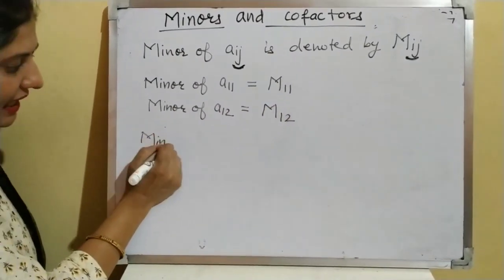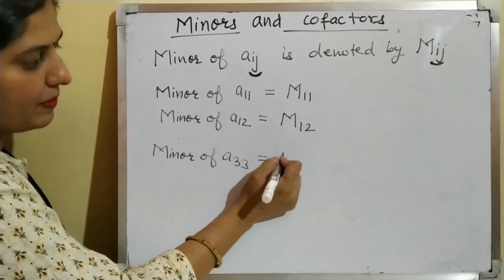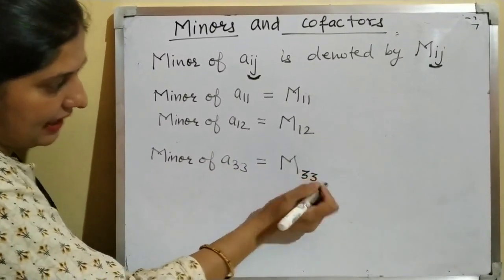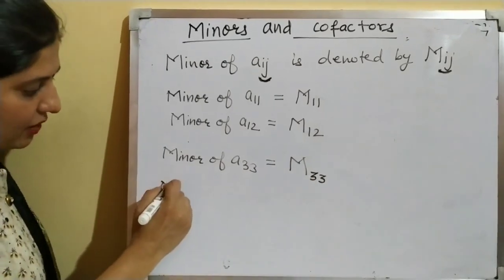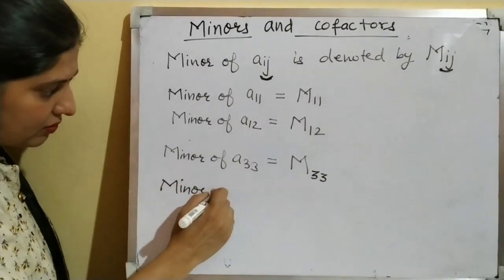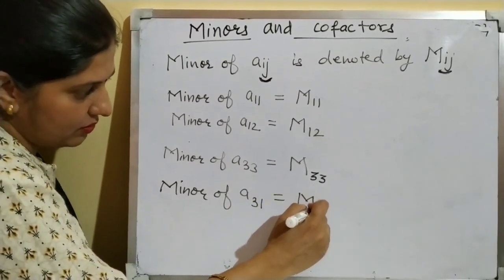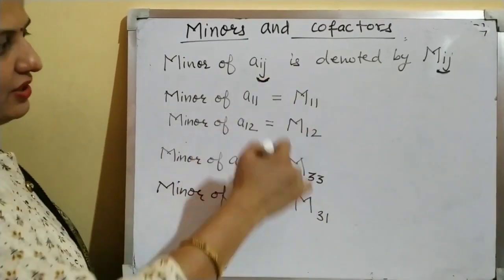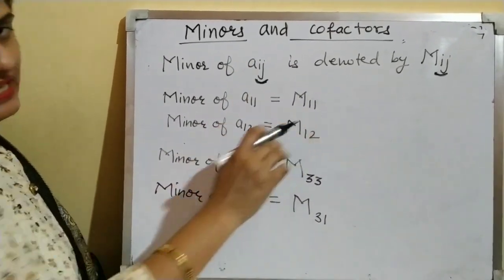The minor of A33 is denoted by capital M33, the same subscript as the given element has. The minor of A31 is M31. This way we can denote the minor of any element.